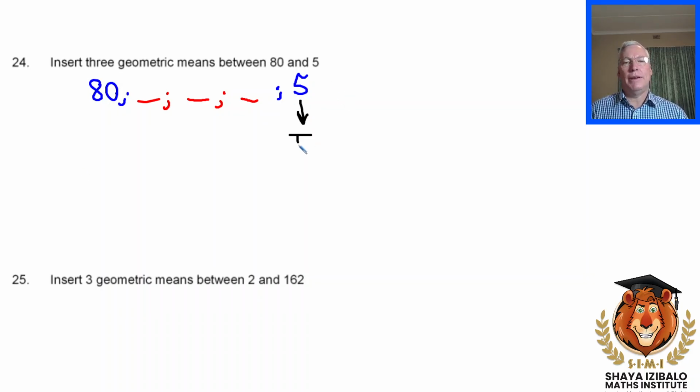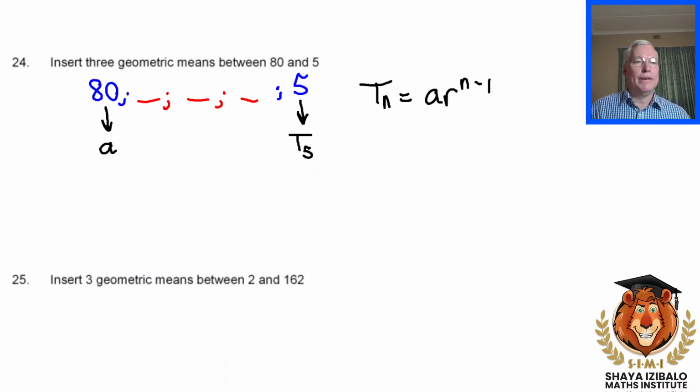This is actually going to be T5, and this is going to be a. And our formula, Tn equals a r to the n minus 1. So in fact, what we're going to get, 5 equals 80 times r to the 5 minus 1, r to the 4.